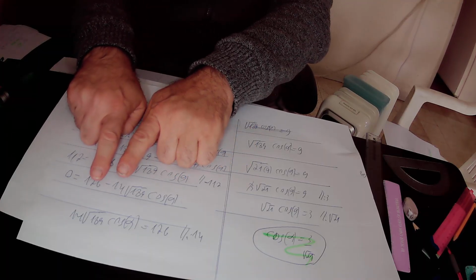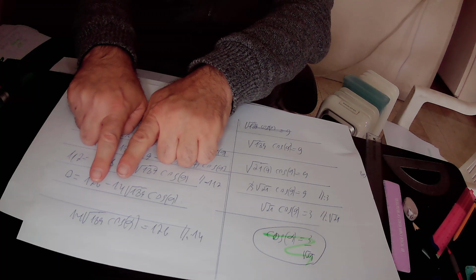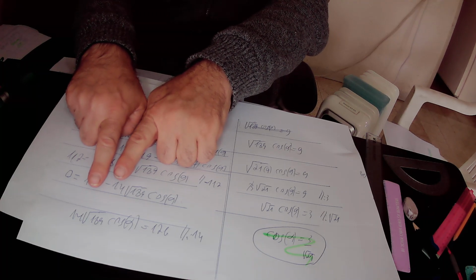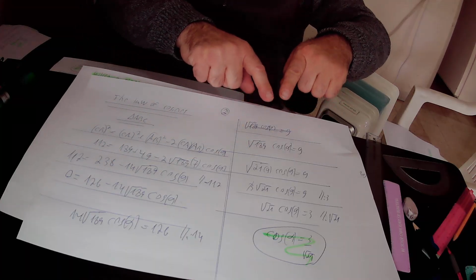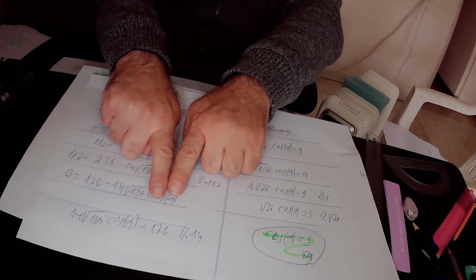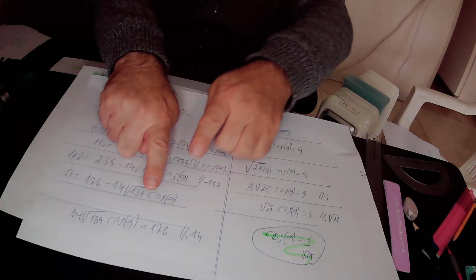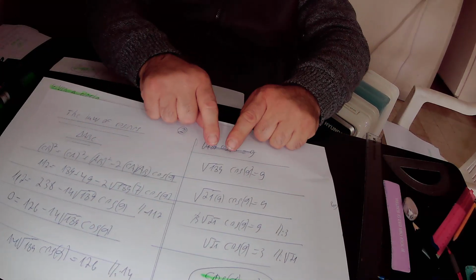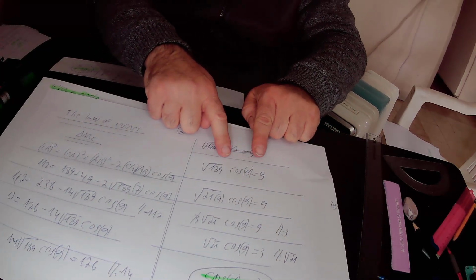Here we divided this equation by 14. On this side, 14 gets cancelled, and we are left with only square root of 189 times cosine alpha. On the other side, 126 over 14 is 9. So the square root of 189 times cosine alpha equals 9.